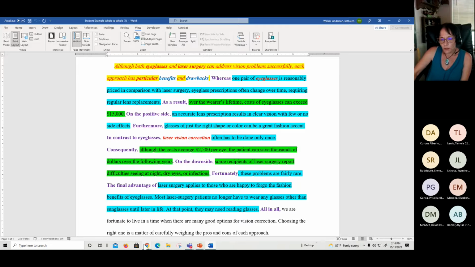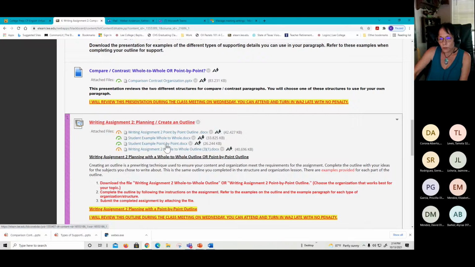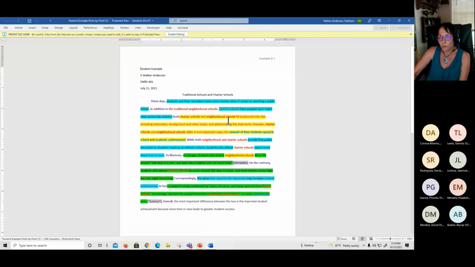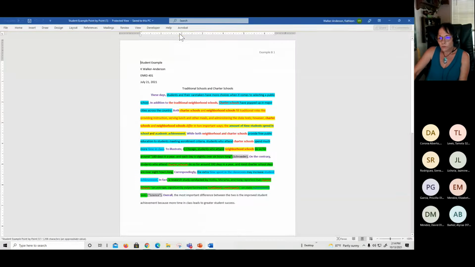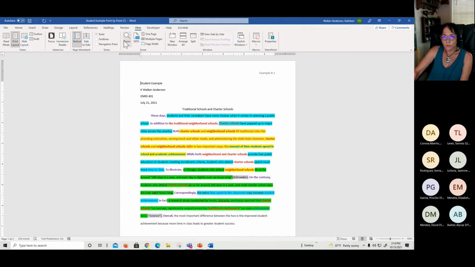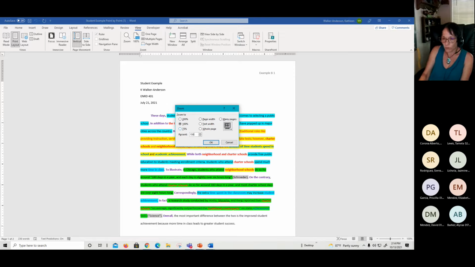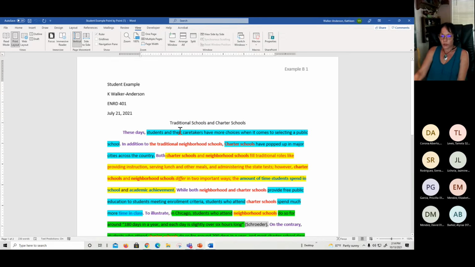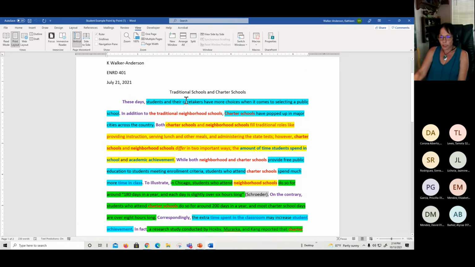Versus point by point. Bring up the example paragraph. So the red, again, is the main subjects. So we have traditional neighborhood schools or public schools and charter schools. Oh, let me make it bigger. It's really little. Okay, so you'll see it goes back and forth between the subjects.